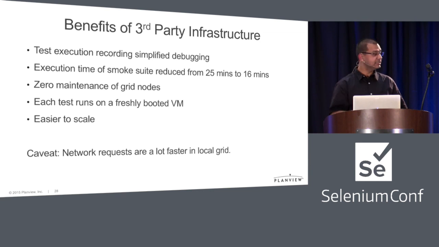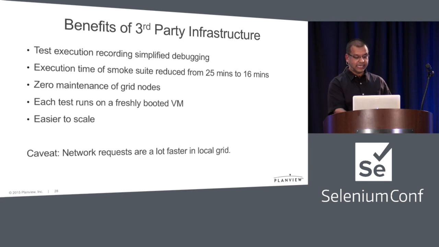And since each test runs in a freshly booted VM, it avoids test failures due to node hardware issues. In your local grid infrastructure, there might sometimes be issues in the nodes which show false positives.